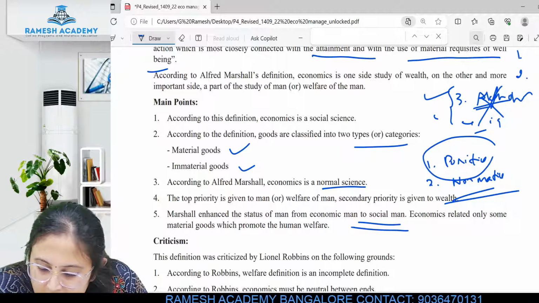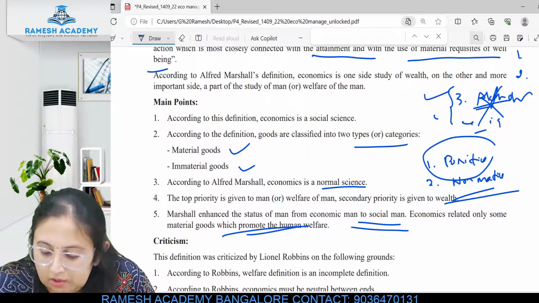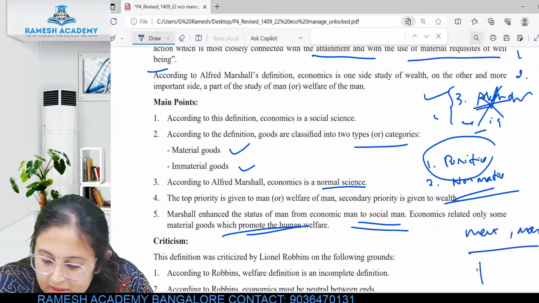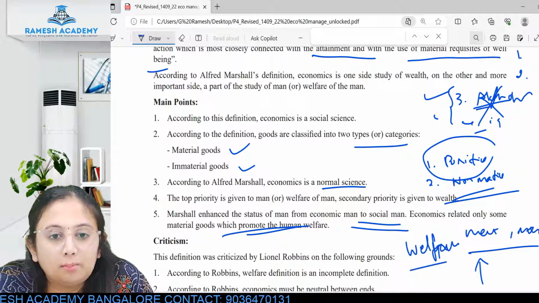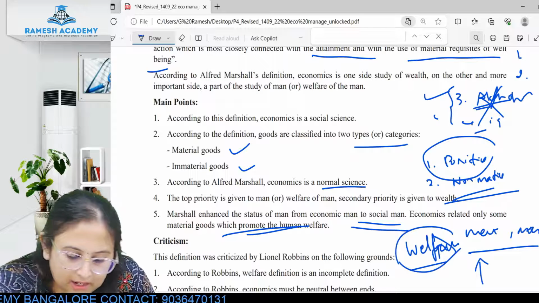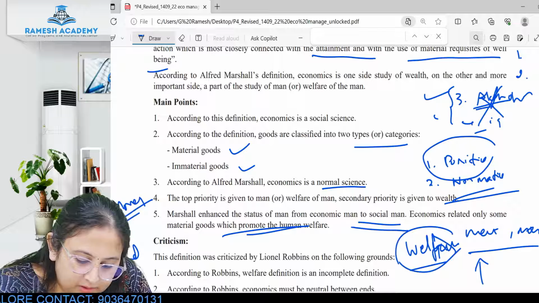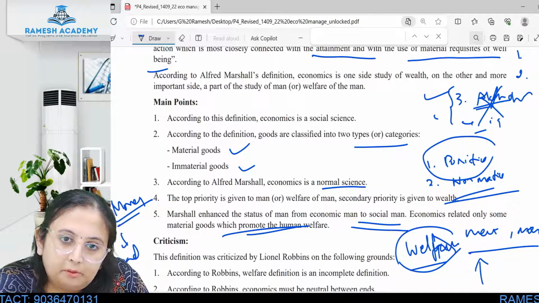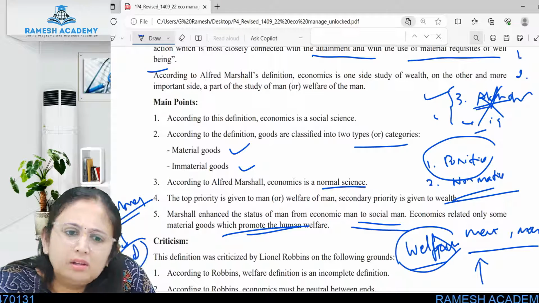So economics is related only to those material goods which promote human welfare. Whatever material goods or money you are talking about, everything should lead to welfare. If that is not giving welfare, if it is only about money, say I have a lot of money but that money is bad for the health of the people, I am producing something which creates bad effects on the health of the people, then we don't want that kind of money.